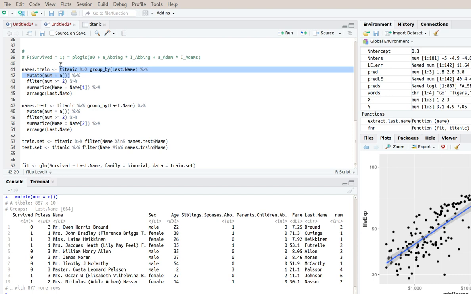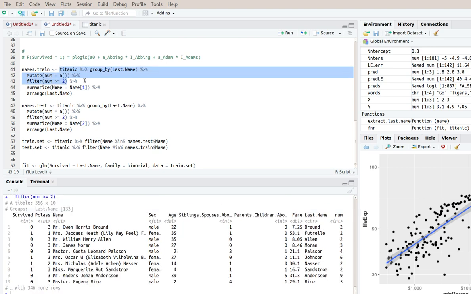Now I'll just take the people for whom there are at least 2 people with the same name. So that would go like this. I filtered out everyone with nums smaller than 2, so now all the nums are at least 2. Now I'll just take the names where the name is the first one that appears in the group. So we have 2 Bronze, and I'll just pick the first one.